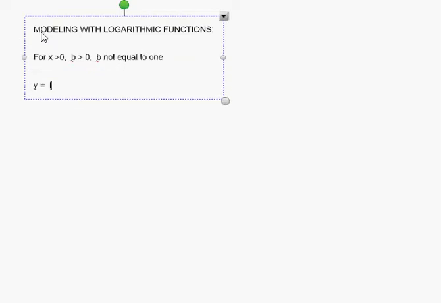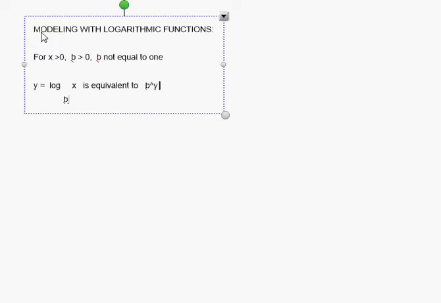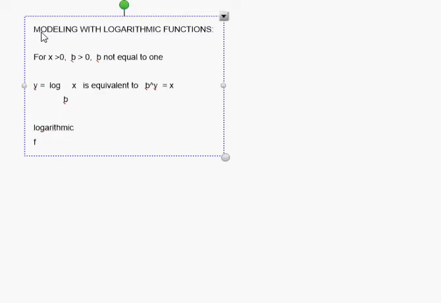Y equals log base b of x is equivalent to b raised to the y equals x. The first one is called logarithmic form, and the second one is called exponential form.